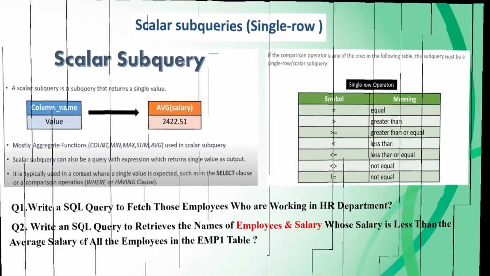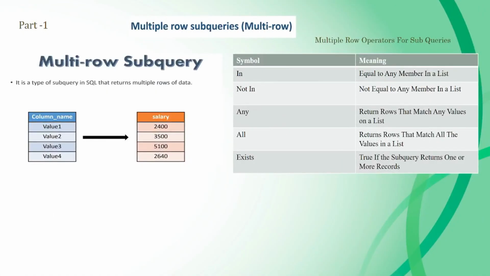So our next type of query is the multiple row subquery. This multi-row subquery is a SQL query that returns multiple rows of data. These are the operators which you can work with in multi-row subqueries: IN, NOT IN, ANY, ALL and EXISTS. So let's learn how we can use this multi-row subquery with these basic operators.